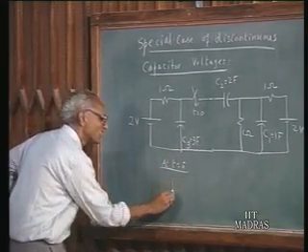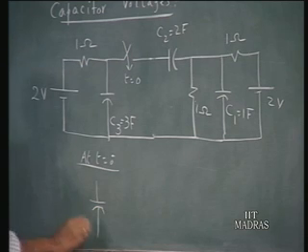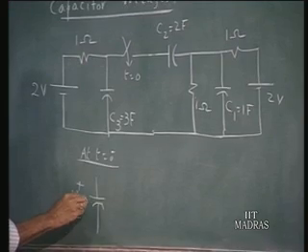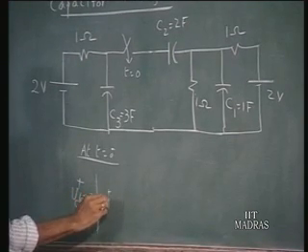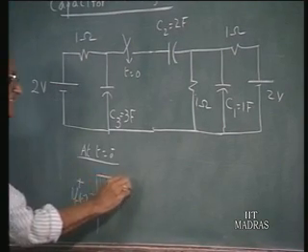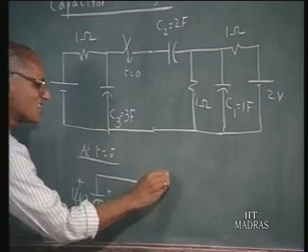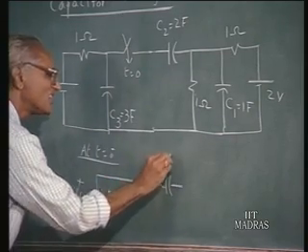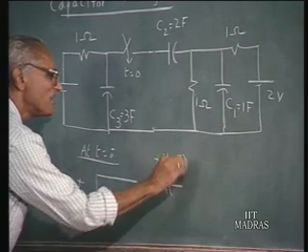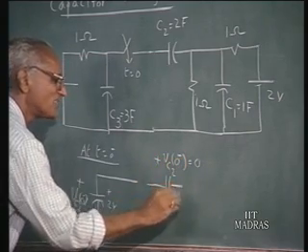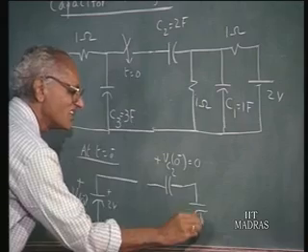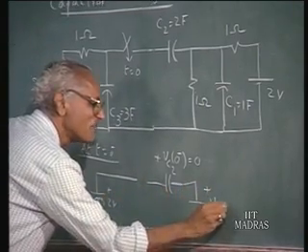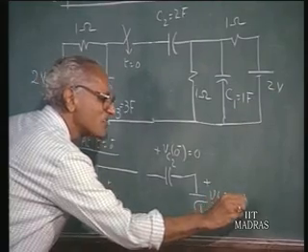So we have this C3, I will call that Vc3 0 minus, which is 2 volts, and there is a switch, of course, and this I will say Vc2 0 minus, that is of course 0, and then you have this capacitor C1, Vc1 0 minus, that happens to be 1 volt.